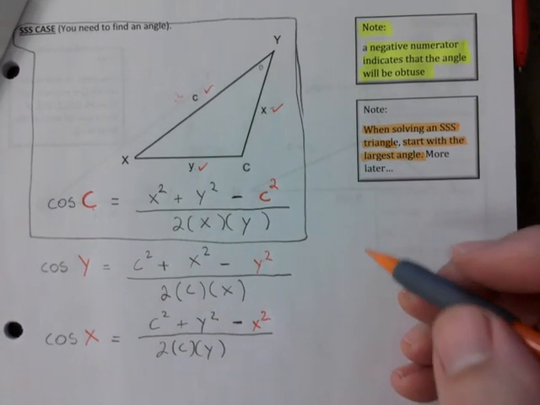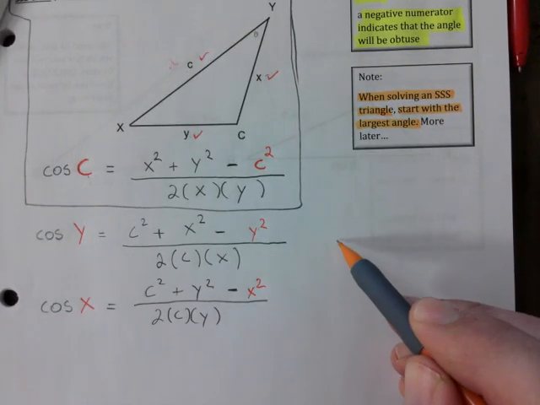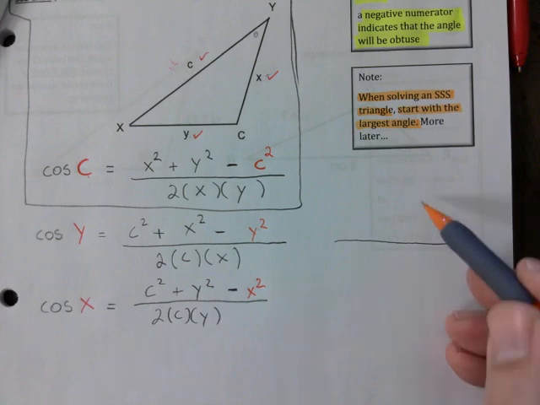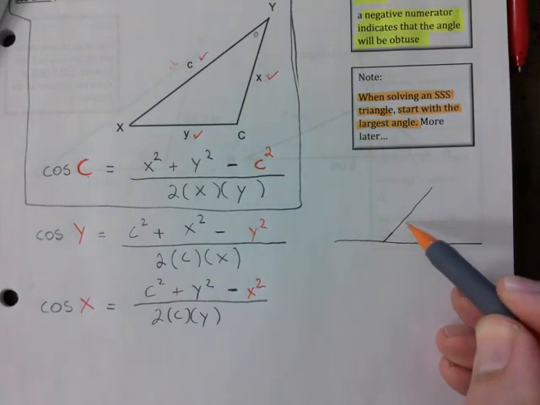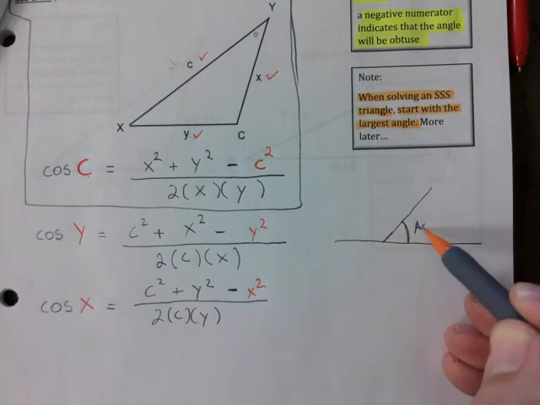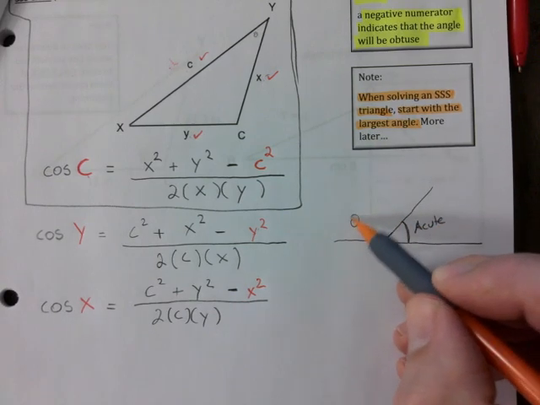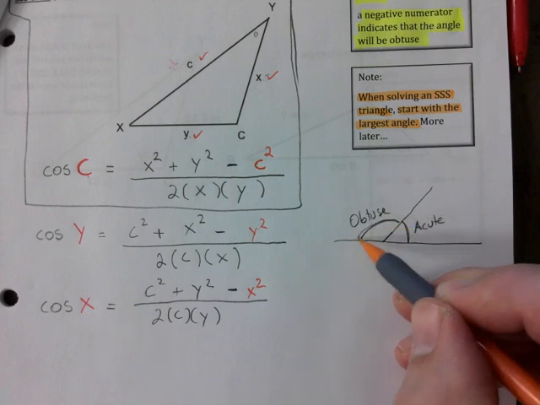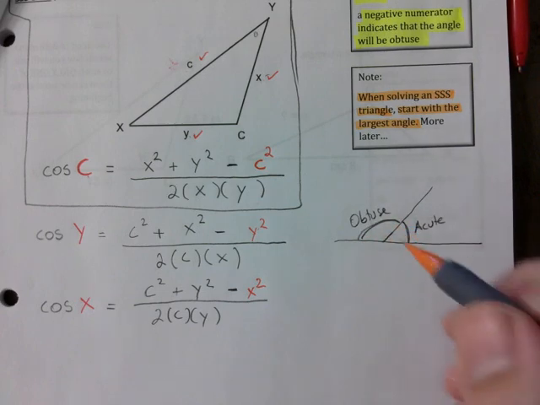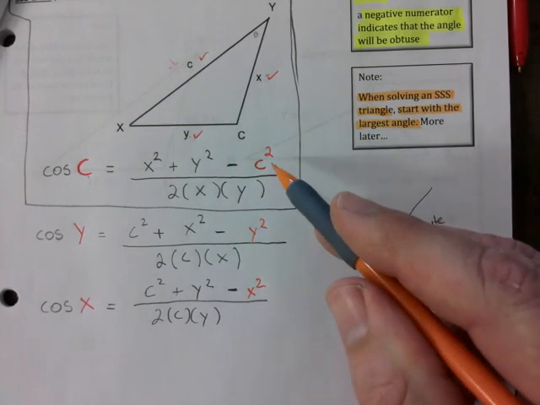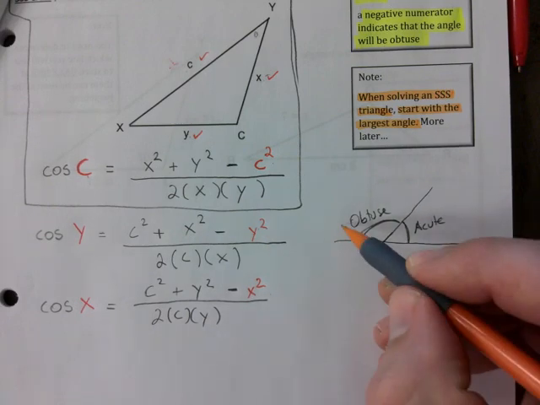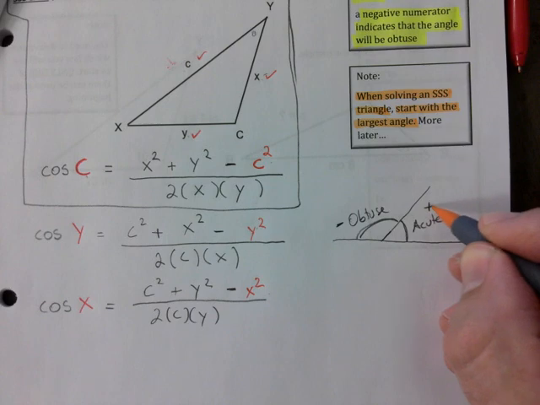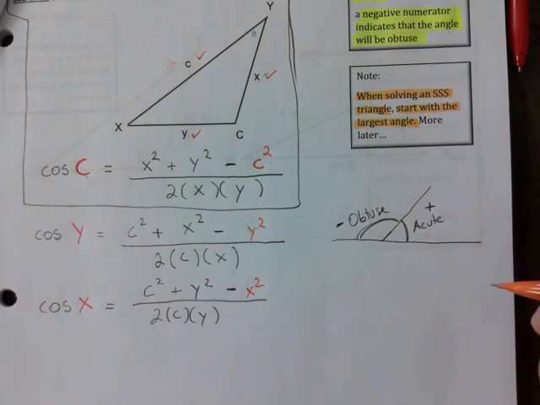And another thing here is, if you consider a horizontal line, there's the acute side and there's the obtuse side. Okay, this is obtuse here. If cosine, if you crunch the numerator and it's negative, you're gonna get an obtuse. If the numerator is positive, you're gonna get an acute angle.